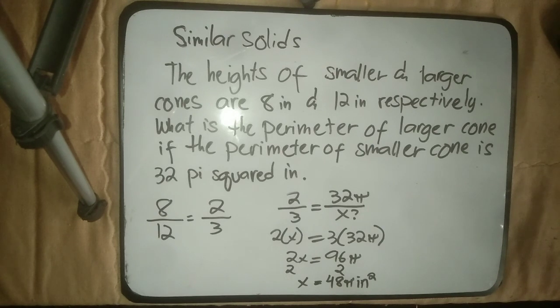Just take the scale factor of the given information, simplify, and to find the missing parts, use the simplified form, and that's it. You can find the missing perimeter, the missing volume, or the missing side lengths.